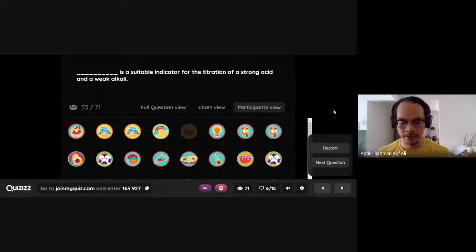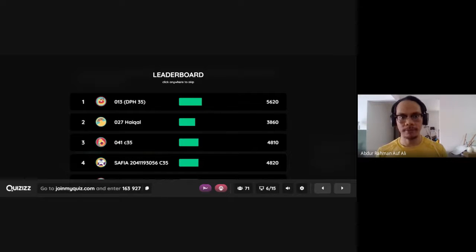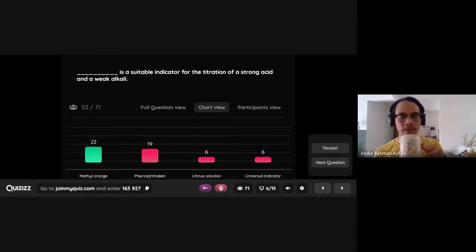Alright, so end question. The right answer adalah methyl orange. Okay, remember dalam lecture note saya ada buat table yang recommend which indicator is best.